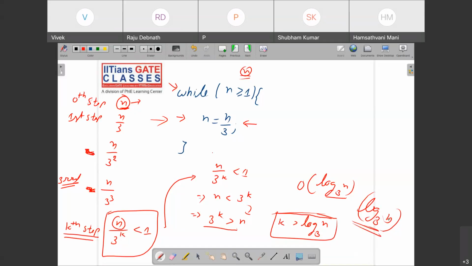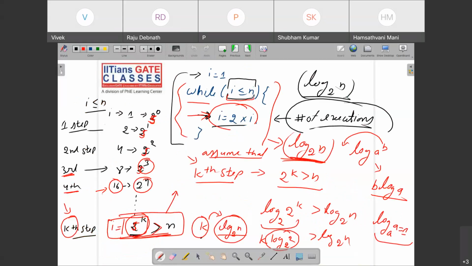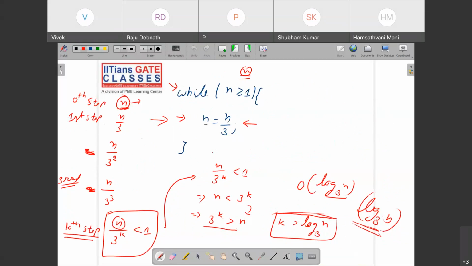the increasing variable, for example, in the previous while loop, we have taken a variable i here, right? And we increased its value because we are comparing i with n. Now we are comparing n with 1, and we are decreasing the value of n gradually, right? So the graph will become like this.